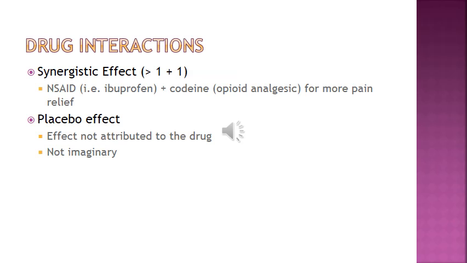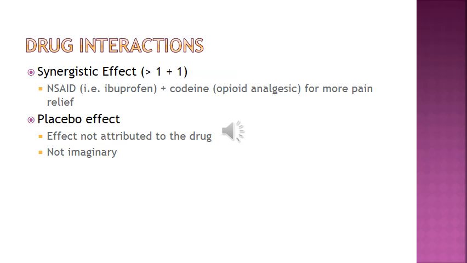A lot of times physicians will utilize the synergistic effect of drugs. When you look at an opioid analgesic like codeine, they're not going to just prescribe more codeine because of the potential adverse effects. So to make the pain effects greater, they will combine it with something like ibuprofen or even acetaminophen to produce more pain relieving effects.